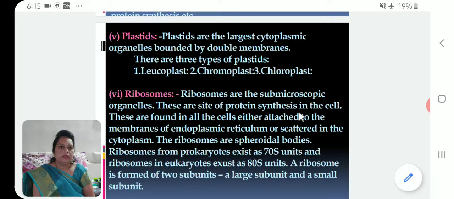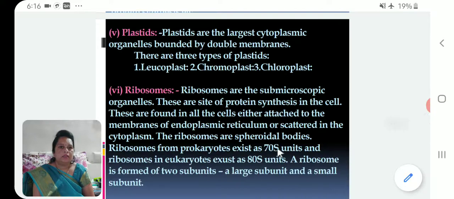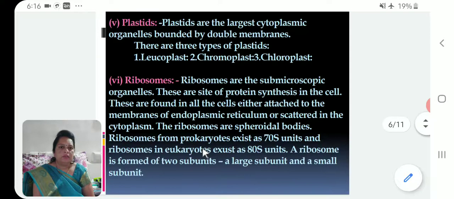Ribosomes are submicroscopic organelles and are the site for protein synthesis. Ribosomes are attached to the membrane of the endoplasmic reticulum, or sometimes scattered in the cytoplasm. There are two types of ribosomes, the 70S unit and the 80S unit. Again, these 70S and 80S ribosomes are formed from a larger subunit and a smaller subunit.